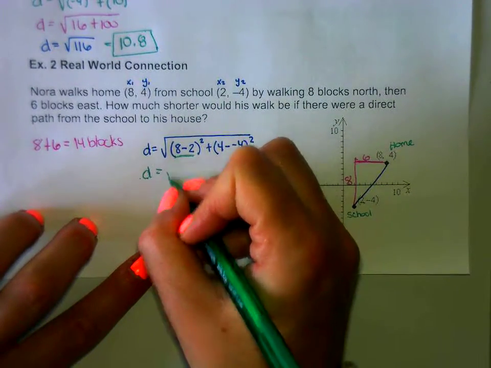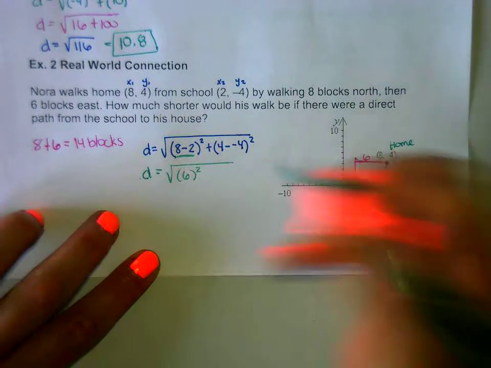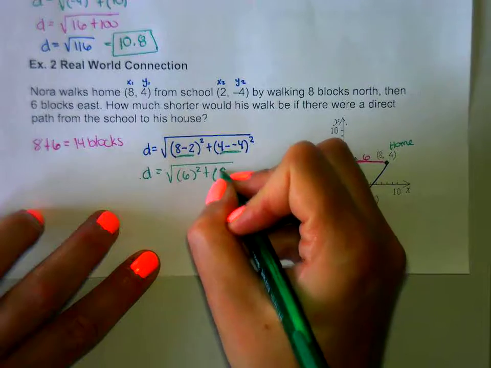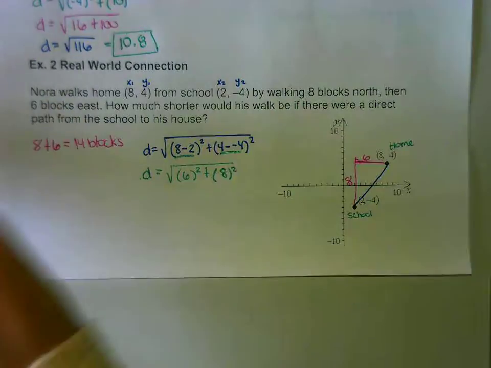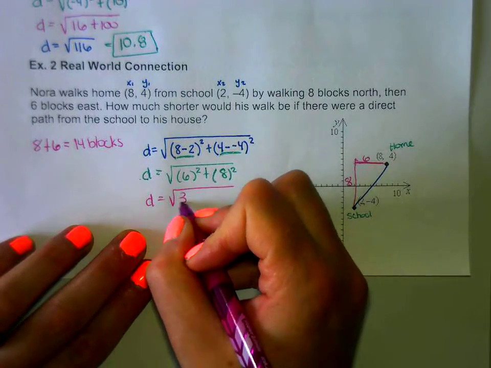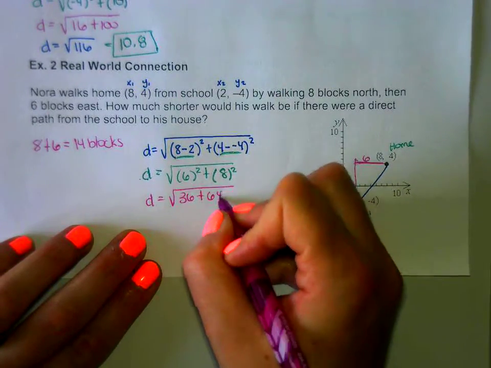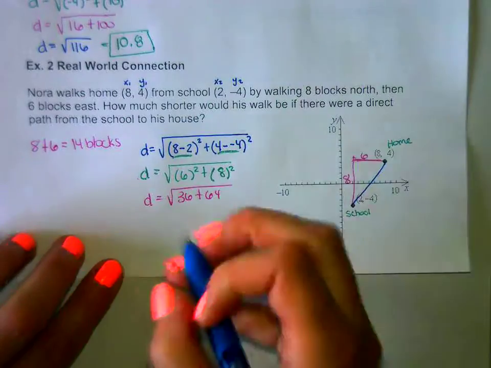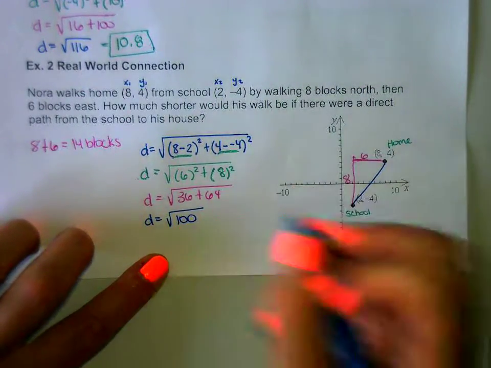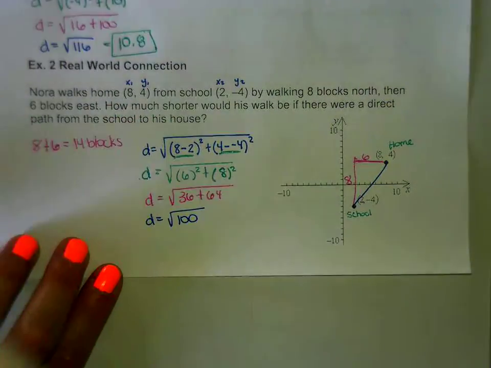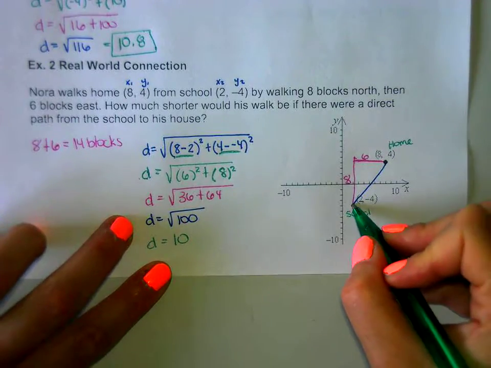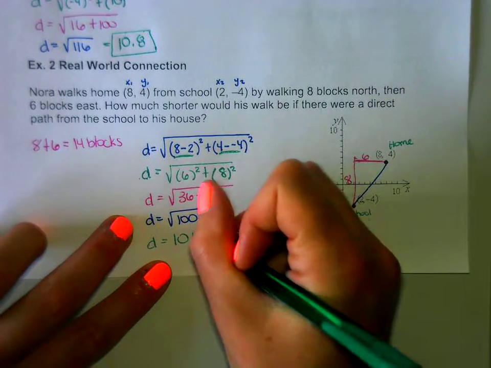So 8 minus 2 means I have 6 that I'm going to be squaring, plus 4 minus a -4 is 8 that I'll also be squaring. 6 squared is 36. 8 squared is 64. 36 plus 64 is 100. So the square root of 100 is 10. So that means when she walks from school to home, it's only 10 blocks.